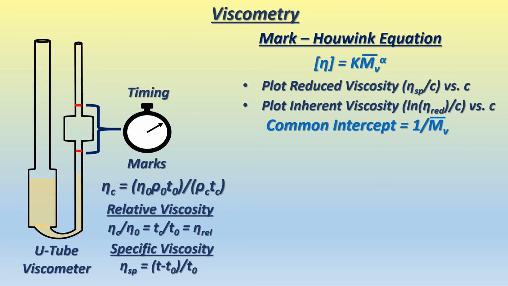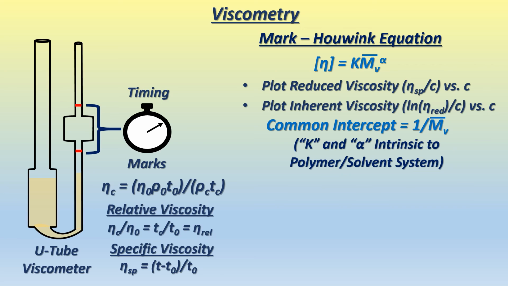Viscometry is very useful because, as mentioned, it's a simple experiment to do, and it's also relatively quick. It is used for systems that are well understood. K and alpha are intrinsic values for any combination of polymer solvent system. This is useful in industry as there are not very many novel new polymers.